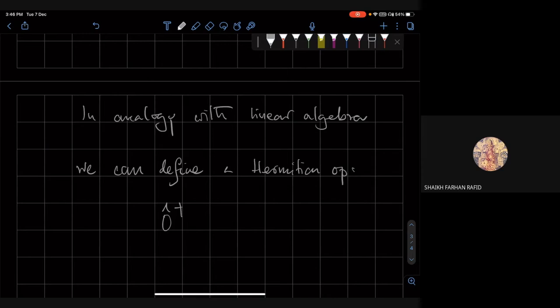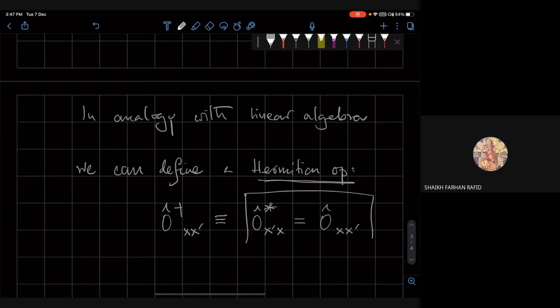That means we have an operator O dagger. If I take its xx prime element, then that will be equal to the operator O, its x prime x element, complex conjugated. Okay, so this is the definition of what it means to take the Hermitian conjugation. But being a Hermitian operator means that this operator will satisfy this relationship. Okay? This is what it means for it to be Hermitian.